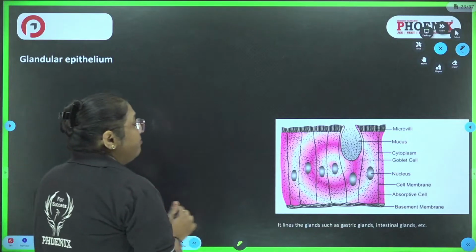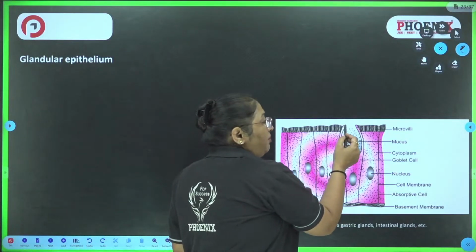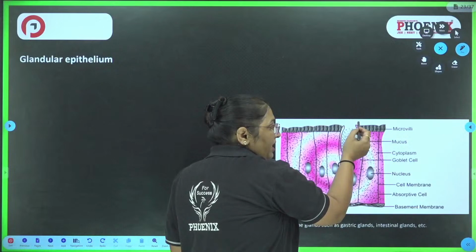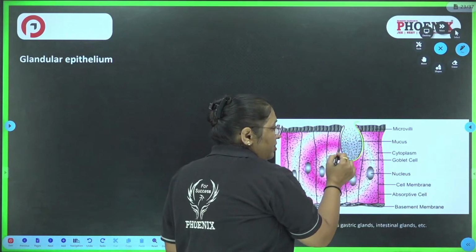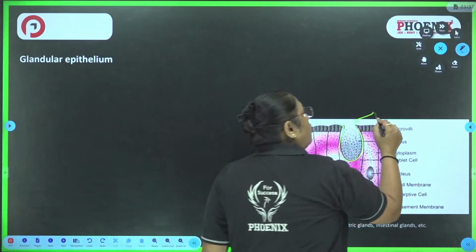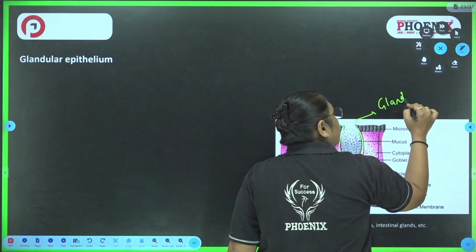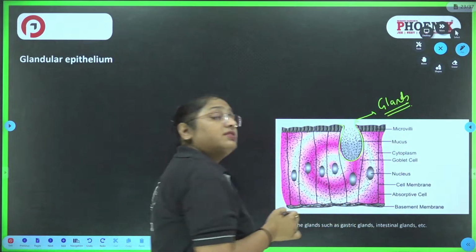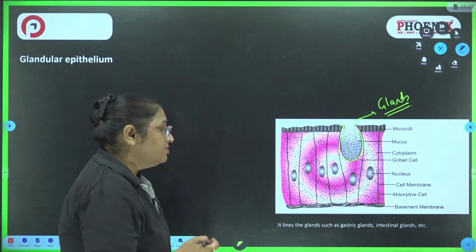Glandular epithelium: whenever the epithelium's membrane is folded inward like this, it forms a gland which helps in the secretion of different substances.